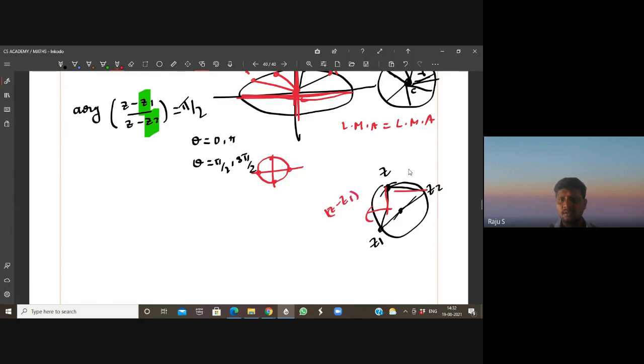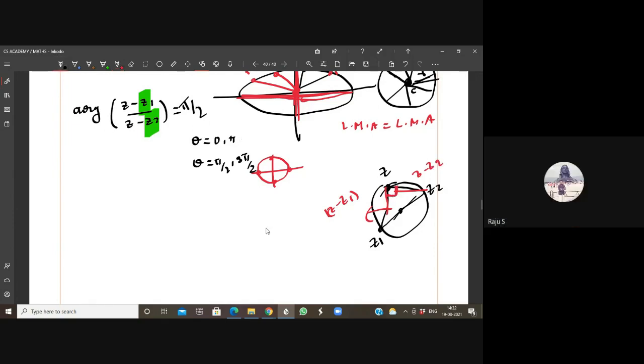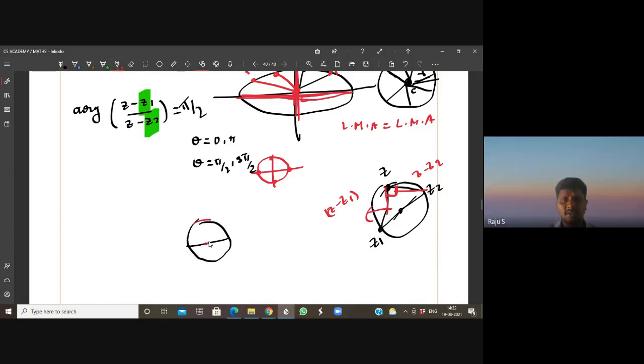This is given by Z minus Z2. Actually, this always gives 90 degrees. You can take a circle and take any diameter. Then you can take any point anywhere on the circle, you may take here, here, here.